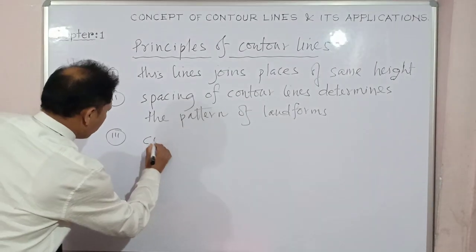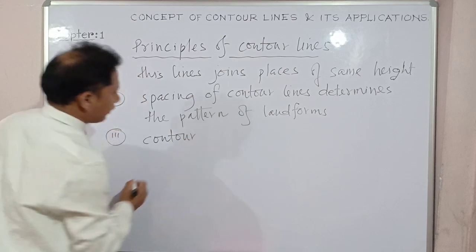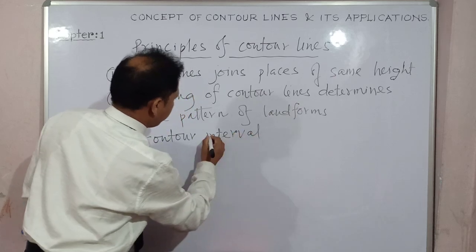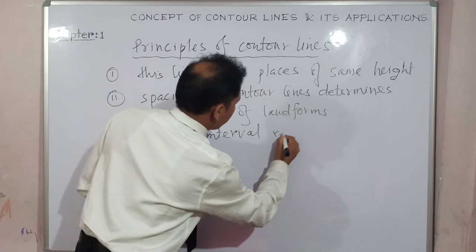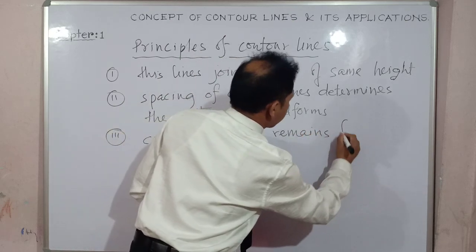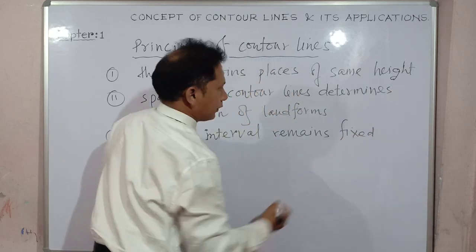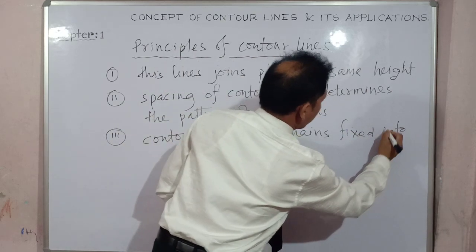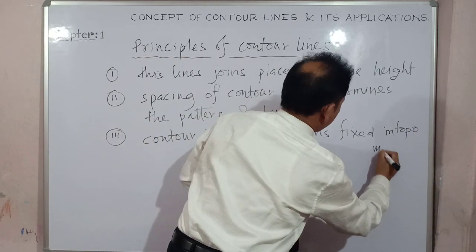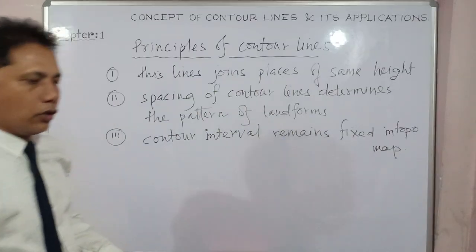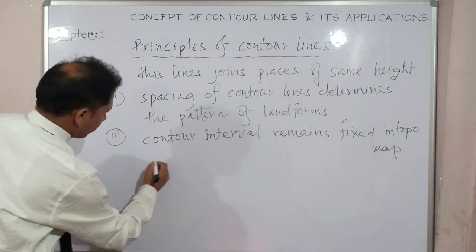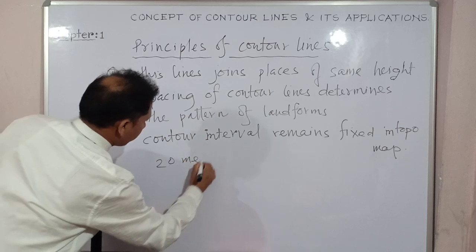So the third major principle is the contour interval, which remains fixed in a topo map. The contour interval is 20 meter in your survey maps, and it will never change.